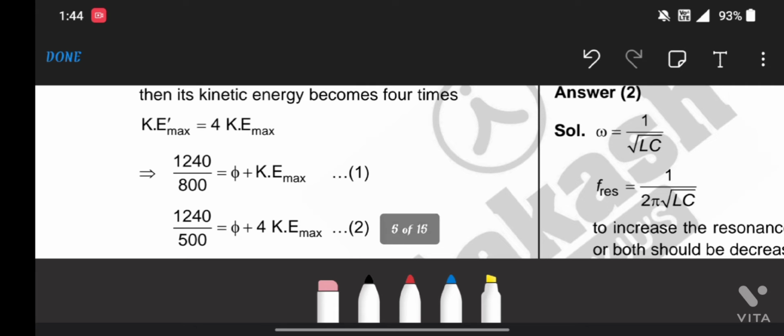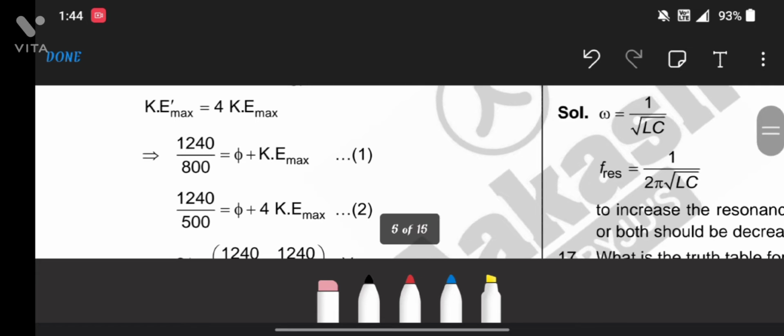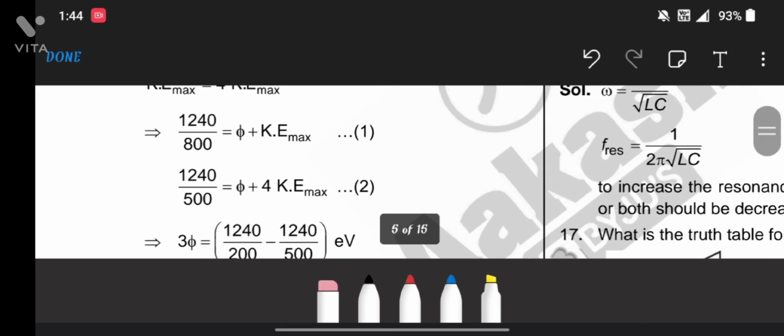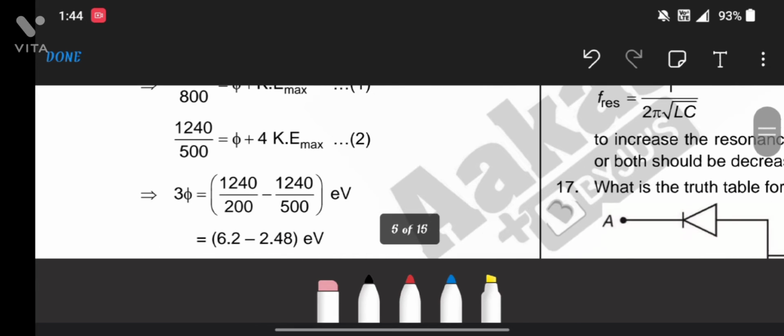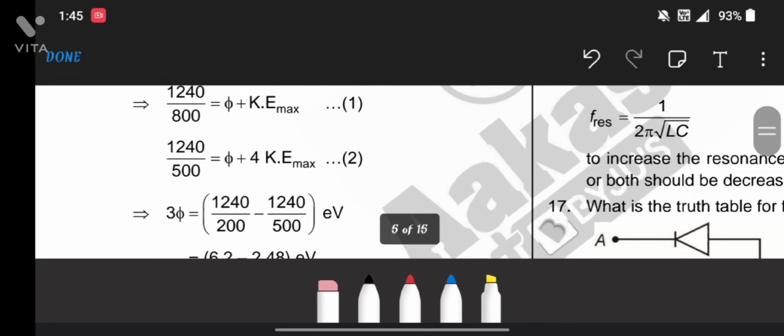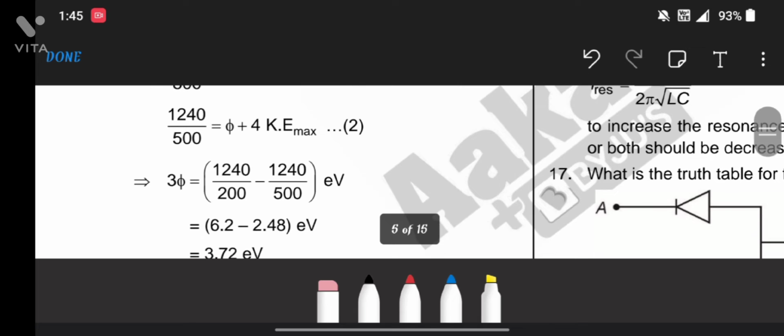As usual, in the last wavelength question we got this formula, you also use this one, right? 1240 by, first we'll take 800. So 1240 by 800 is equal to work function plus kinetic energy maximum. In second one we'll put 500. So 3 times is equal to 1240 by 500 minus 1240 by 800.